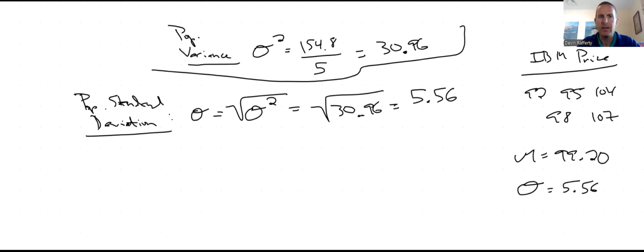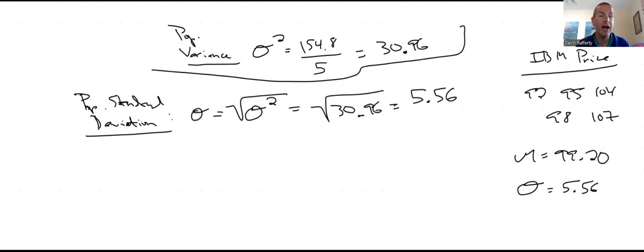Okay. So what this is doing is, rather than looking at all the different speeds that you drive, it's telling us you tend to drive 99 miles an hour with a dispersion of 5 miles an hour. Or the stock price tends to be $99, but it tends to go down 5.50 or up 5.50. That's pretty much where this stock price hangs out, or where your speed hangs out.